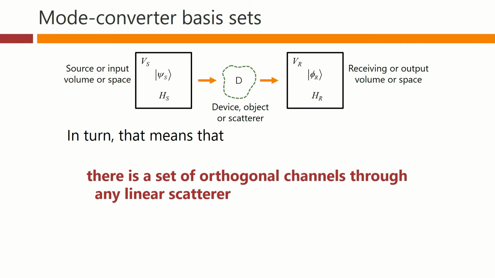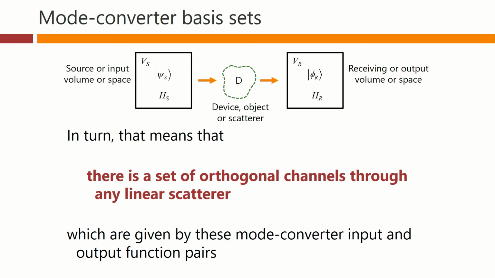In turn, that means that there is a set of orthogonal channels through any linear scatterer. And these sets of channels are simply given by these mode converter input and output function pairs.